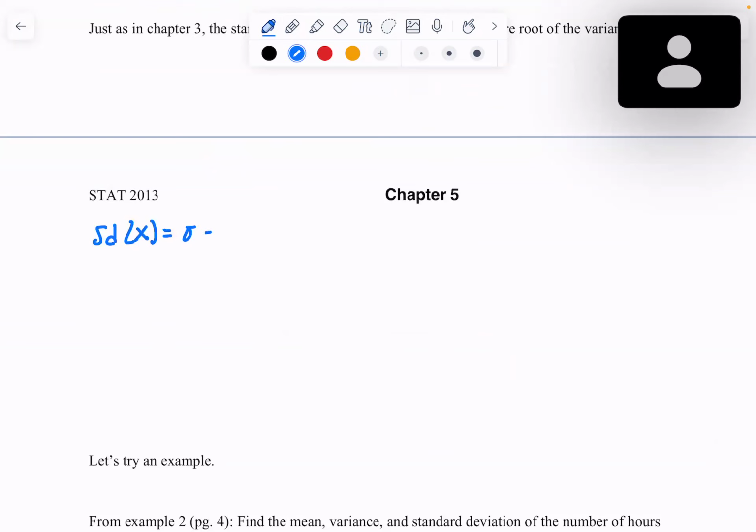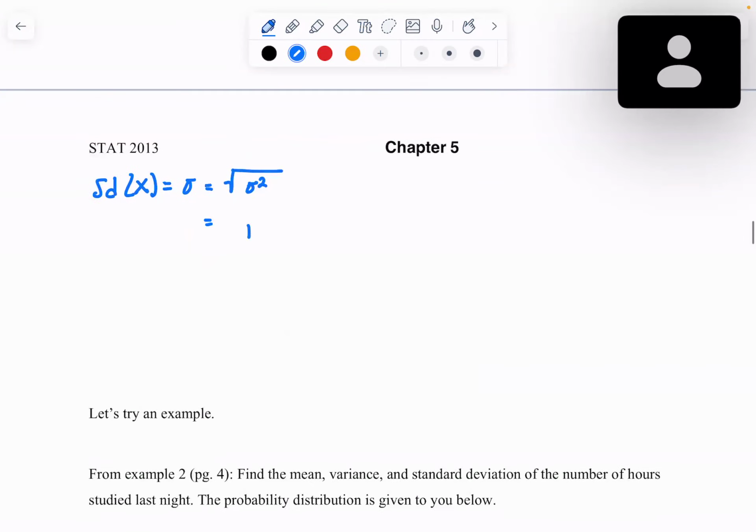All it is is the square root of sigma squared, or if you want to write out that formula, it's the square root of the expected value of x squared minus the expected value of x, the whole quantity squared. It's the square root of this.